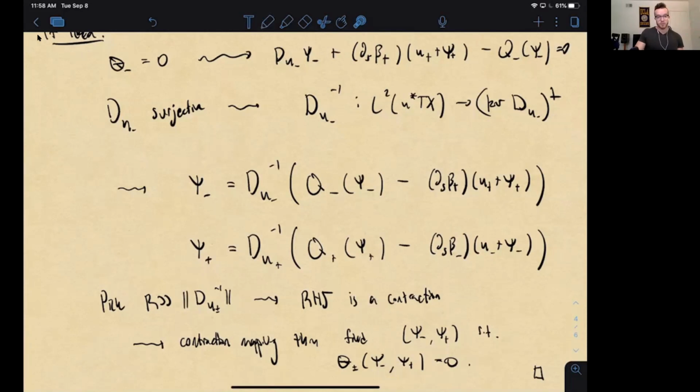Next week, what Austin's going to talk about is a situation where we do not have transversality. When we don't have transversality, and therefore the corresponding linearized operator is not surjective, if we try to do this same kind of computation, you won't be able to make one of these thetas 0.